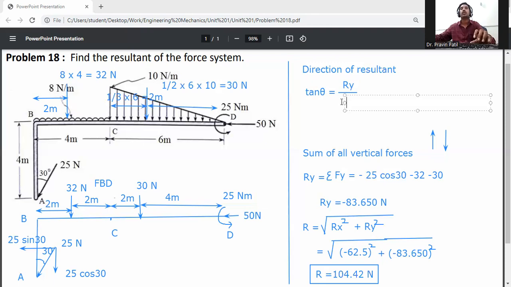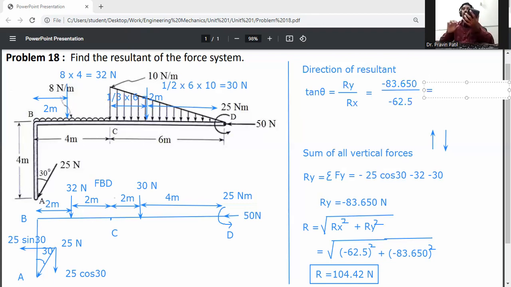Ry divided by Rx is equal to minus 83.650 divided by minus 62.5.